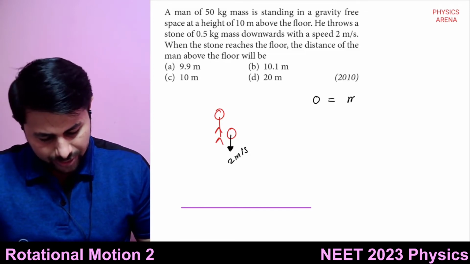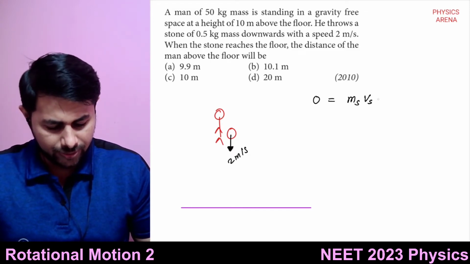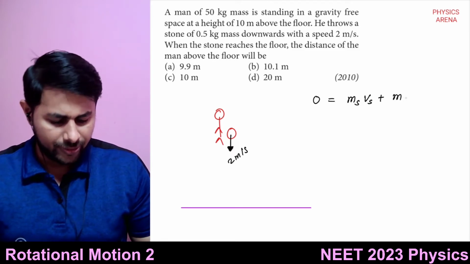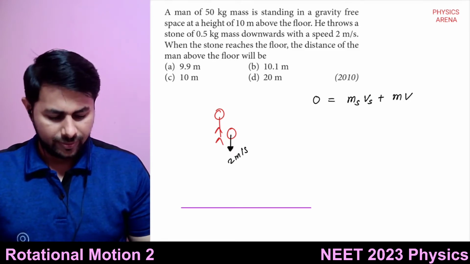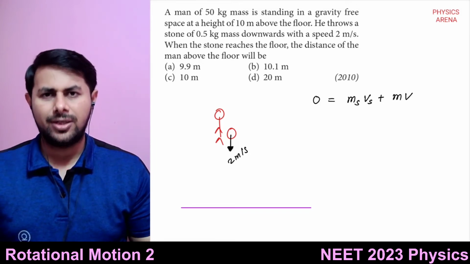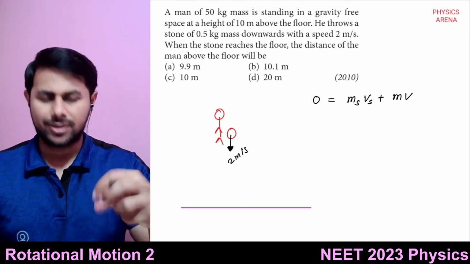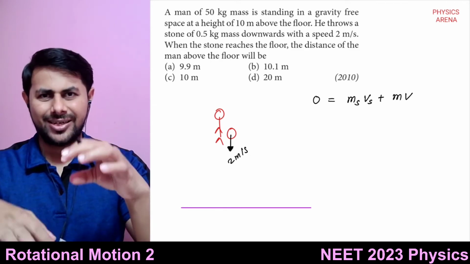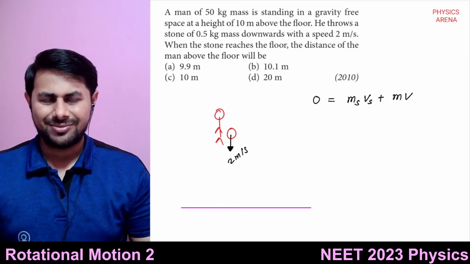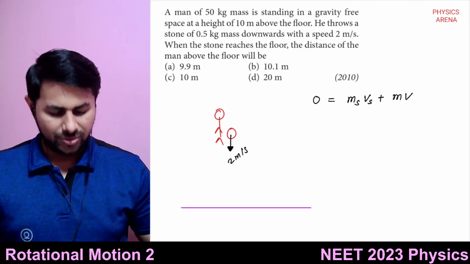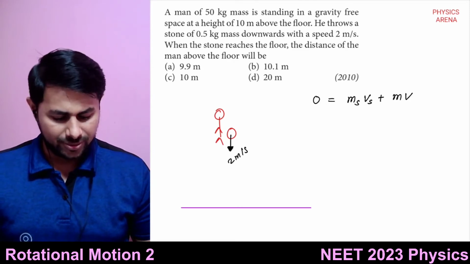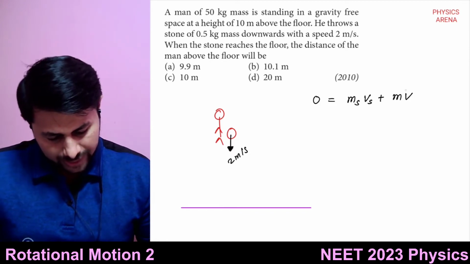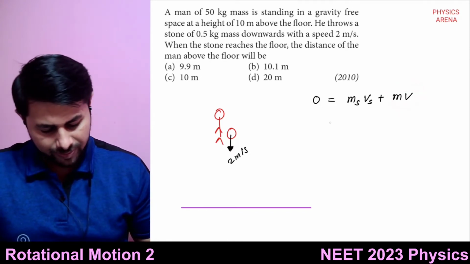Mass of stone times velocity of stone plus mass of man, let's call it m only, times his velocity is equal to 0, because initially the man was holding the stone and he is in gravity free space, so he is floating at that point. So velocity was 0, so total momentum was 0. And therefore we can find out the velocity of man.